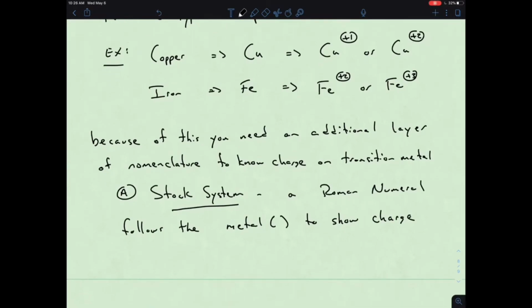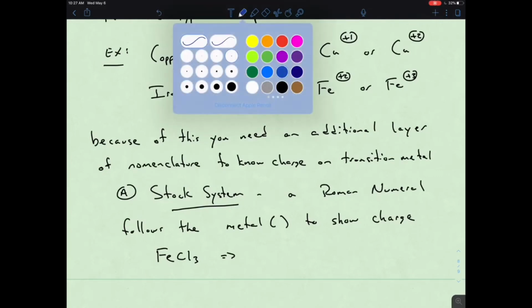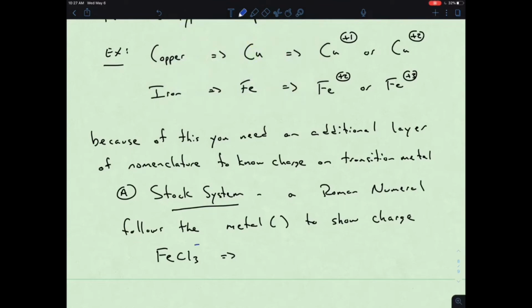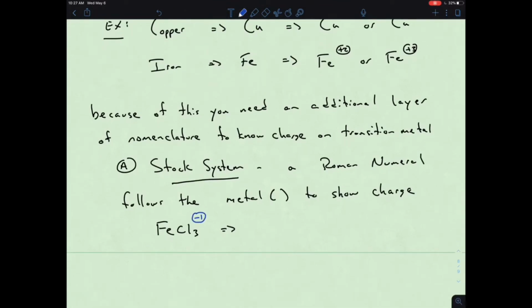So if I had FeCl3, if we look at our charges, we have chloride, which is a go-to element for us.